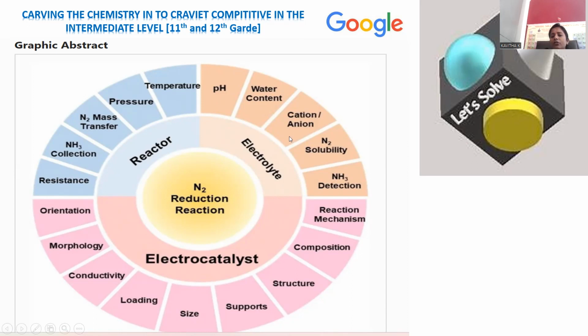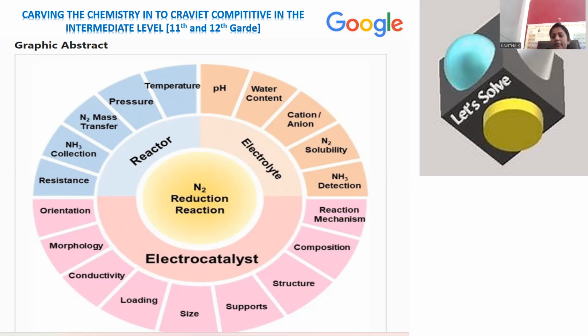Next is about cations and anions. What cations are generated? Being an electrolysis process, it is obvious to get ionic charges within the container. And as everybody is aware, nitrogen is somewhat inert in nature, so it is required to enhance its solubility, so that the rate of reaction is enhanced.